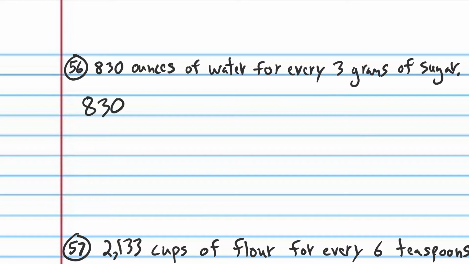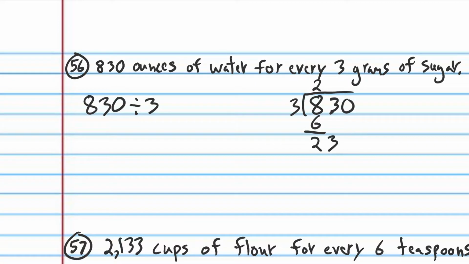So 830 divided by 3. So we'll do that over here. That's quite a big number, so we have to use the long division algorithm. 3 goes into 8 2 times. And then 3 goes in 7 times is 21.